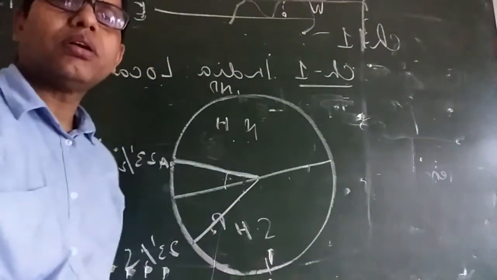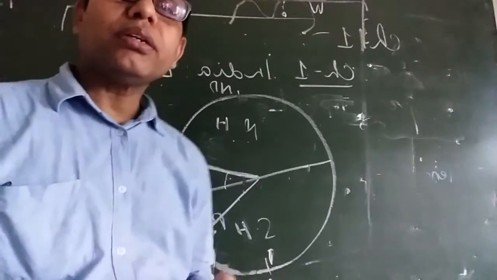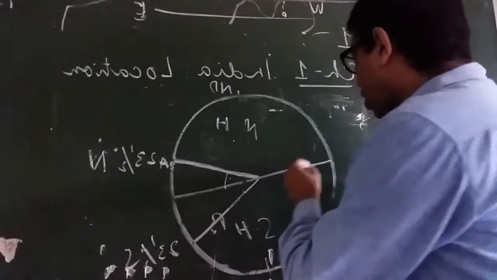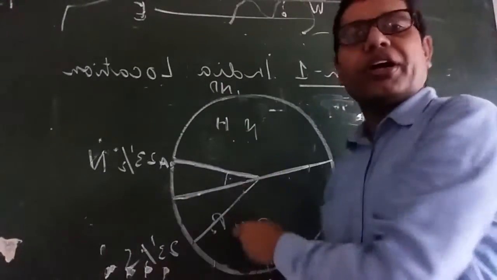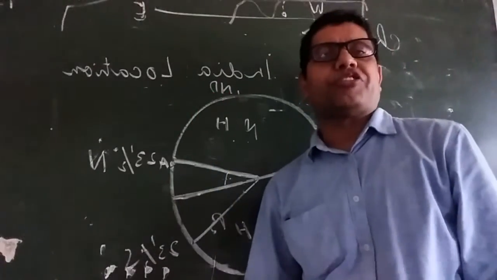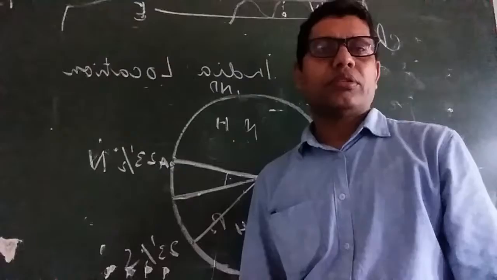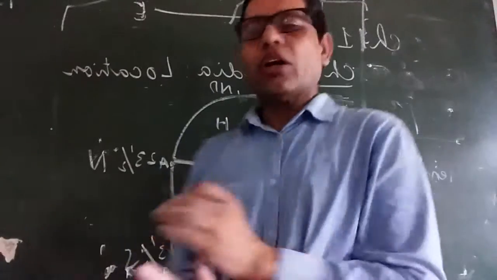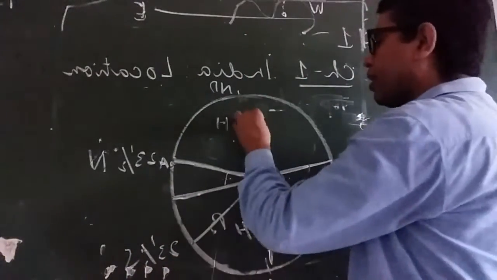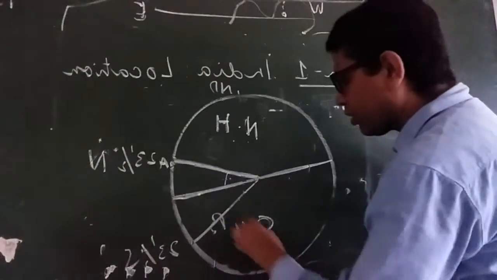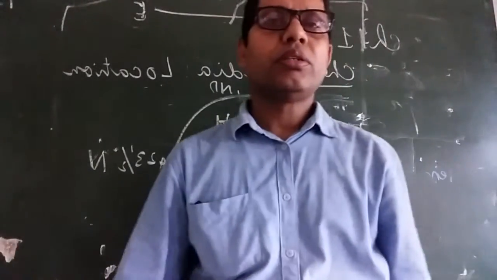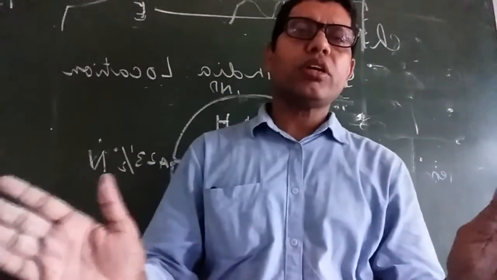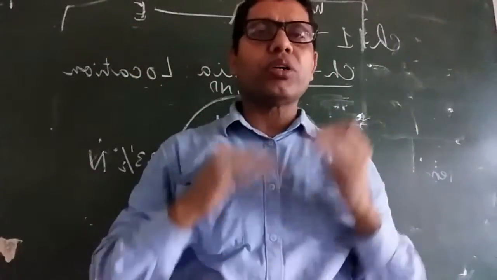Now we have two points of reference, and with their help we can draw a line equidistant from the two poles, which we call the equator. It divides the earth into two equal halves, the northern hemisphere and the southern hemisphere.